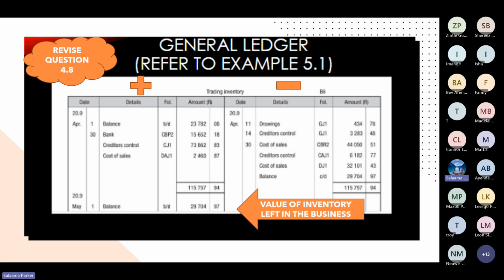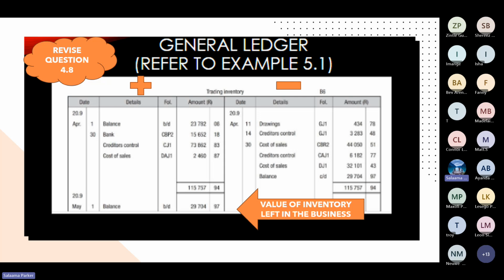Trading inventory is impacted by all your subsidiary journals. You purchase trading inventory, you return trading inventory, you bought trading inventory not only for cash but for credit. The owner took trading inventory for his own use, and when you sold the trading inventory, it left at the cost price.